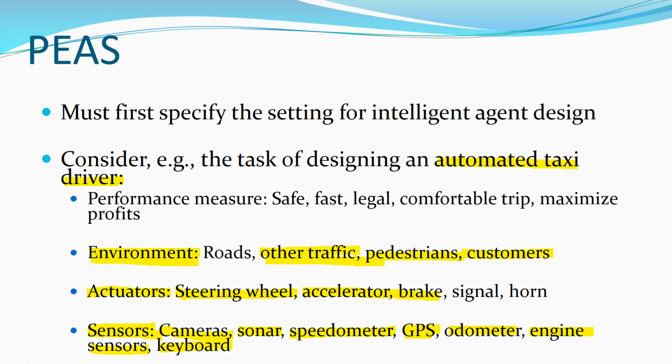Suppose somebody has come or some obstacle is there, or a speed breaker comes across; in that case you need to apply the brake. So brake is one of the important actuators in an automated taxi driver agent. Suppose you want to take a U-turn or turn right; in that case, signaling is very important.